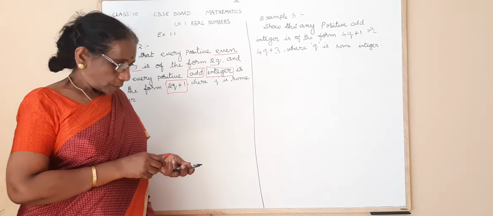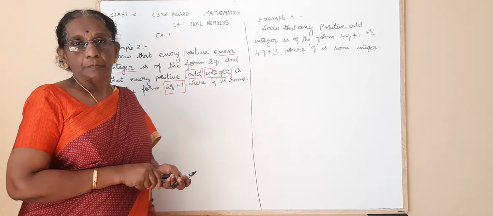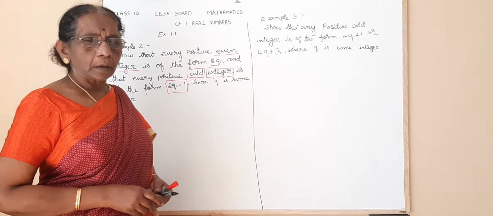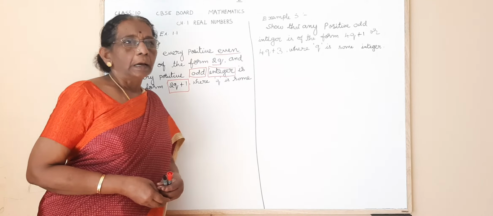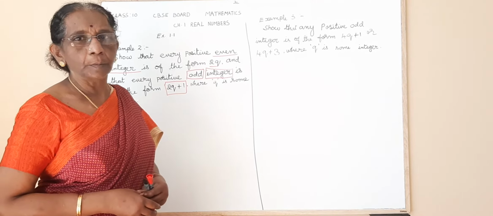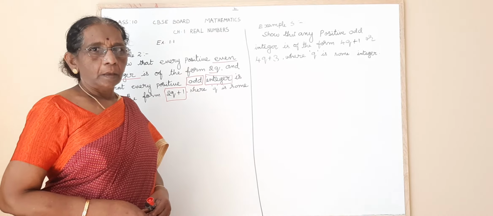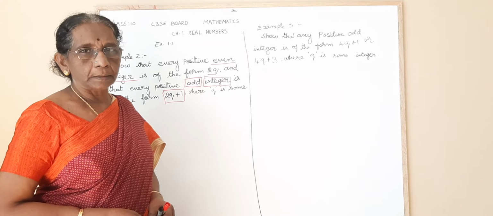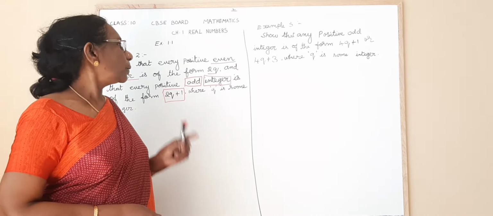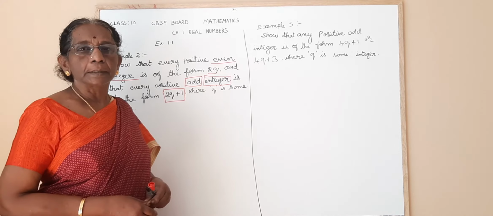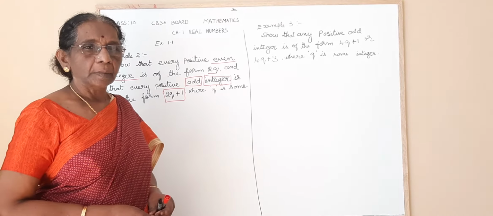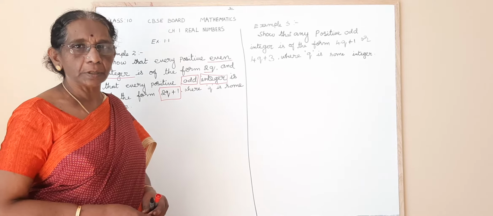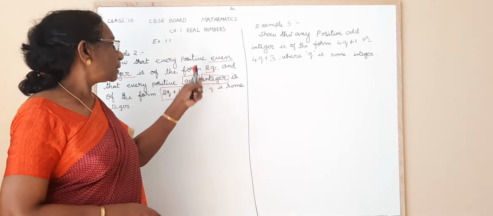Here we have to prove this using Euclid's division lemma. We are not supposed to prove by giving numerical examples. If you do it with numerical examples, you will not be given marks. Okay, children? So we have to prove only using Euclid's division lemma. That's very important. Now we'll see how to apply Euclid's division lemma to prove this property.